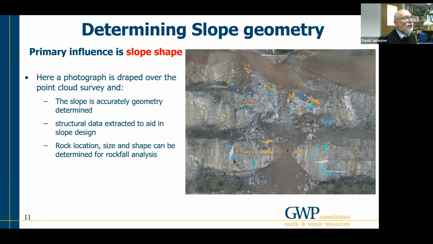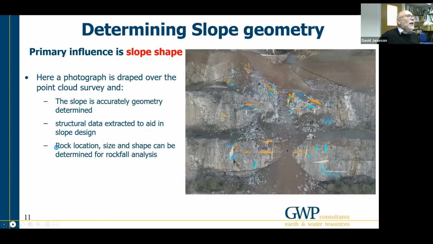It can give you information on not only the block sizes and areas of initiation of rockfall, but the orientation of the joints and spacing of joints and fractures, such that you can determine the size of blocks that might come out of the face. And if you think they're going to be unstable, then you can also size bolts and netting to hold all of that back.